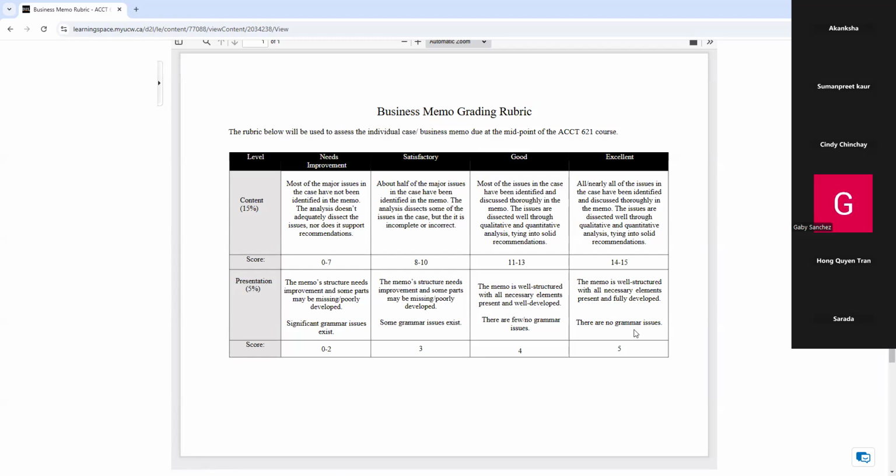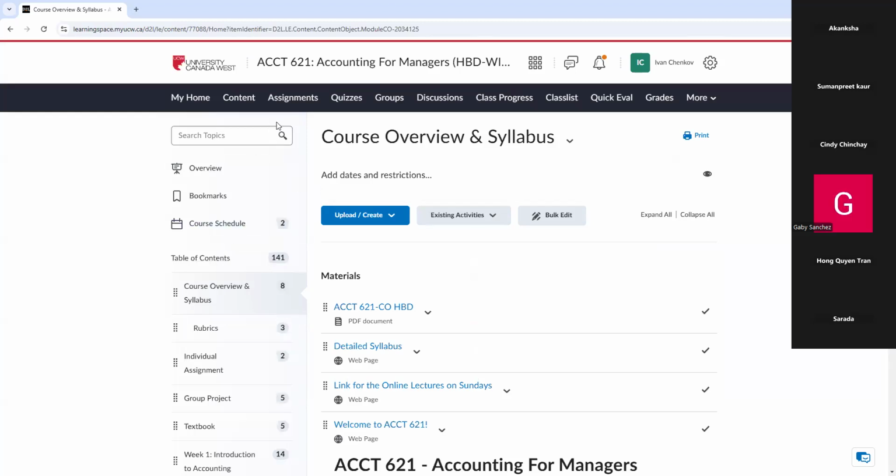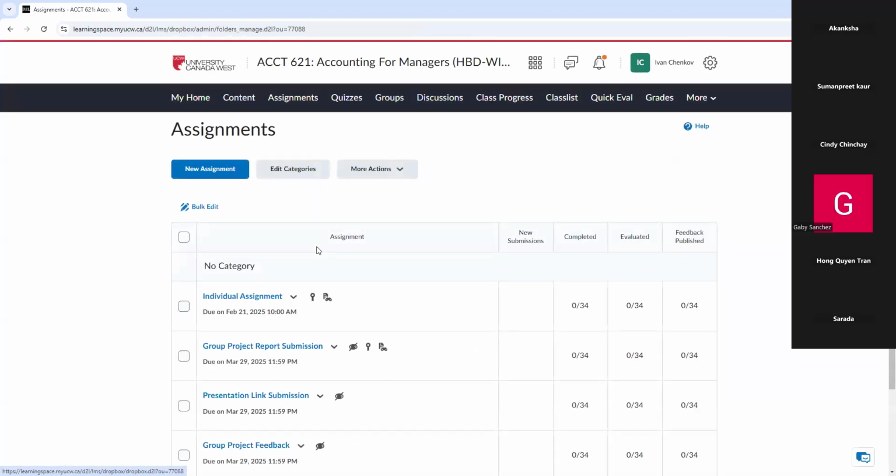You're doing it on the laptop, and then at the end of the class, you're submitting it into Brightspace. The place that you're going to submit it is under the assignments. Once you go to the assignments, you're going to see this individual assignment. As you can see, the due date is already set up, February 21st.